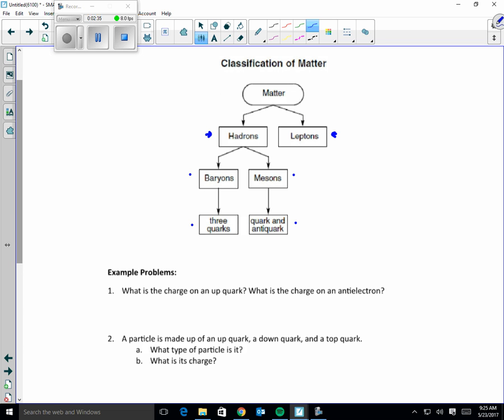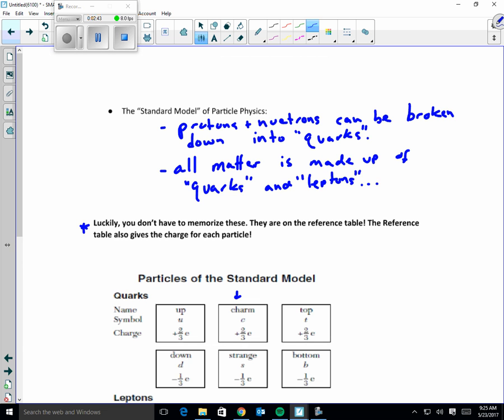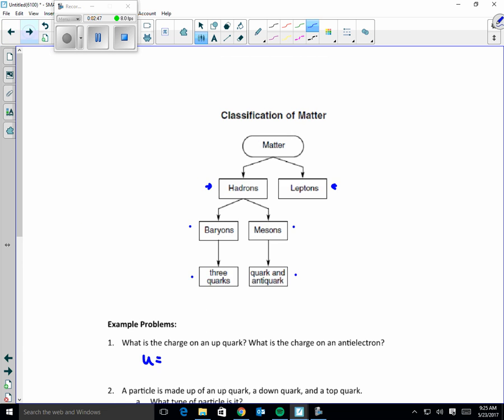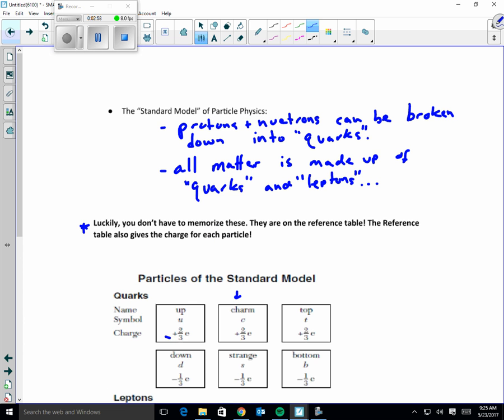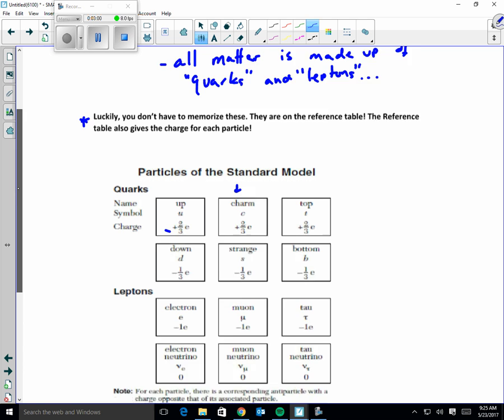So the first question here, what is the charge of an up quark? An up quark, you can just look at, and the up quark has a charge of plus 2/3 right here. So the up quark is plus 2/3 E. And an anti-electron, okay? Now the antis, it says this on the chart as well, down towards the bottom.